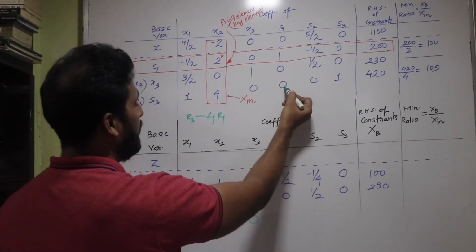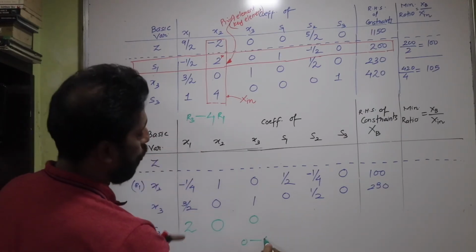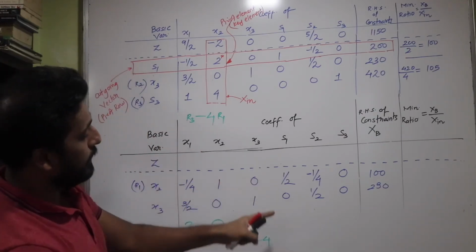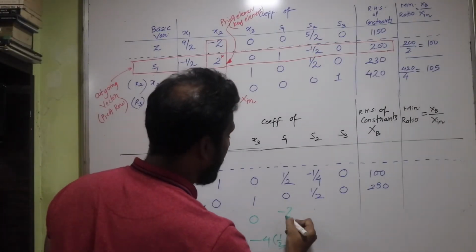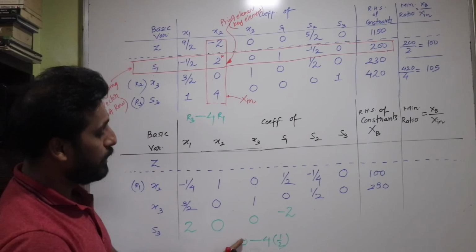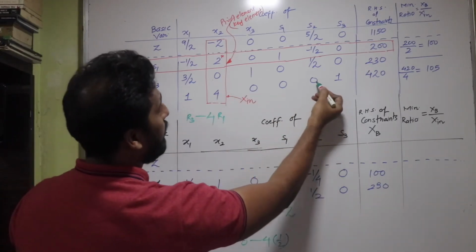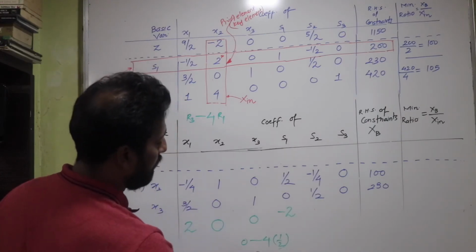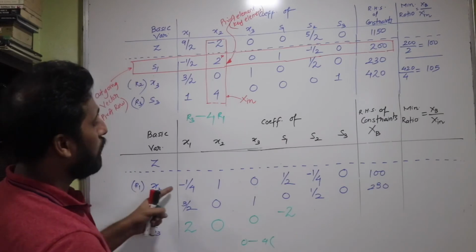Then again I have 0 here. So I'm going to write R3 as 0 minus 4 times of R1, which is 1 by 2. So 1 by 2, the answer comes minus 2, isn't it? 4 and 2 cancel, 0 minus 2, you get minus 2. The next value of R3 is 0, so I'm going to write 0 here. 0 minus 4 times of what's R1?